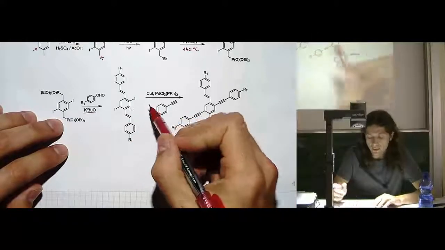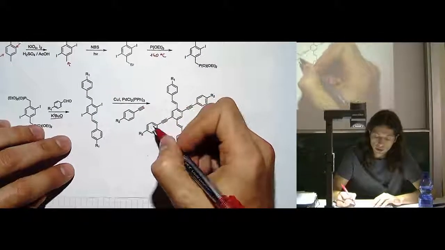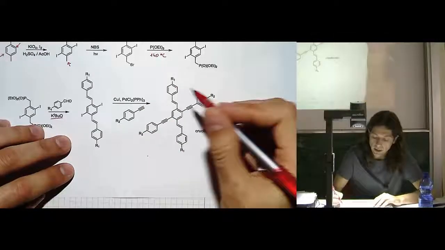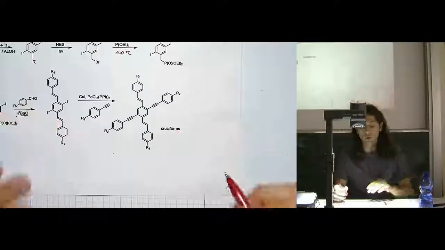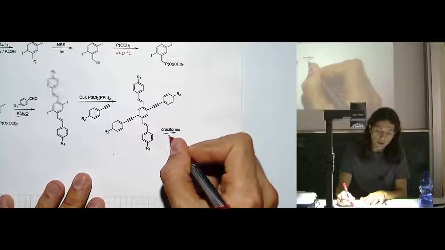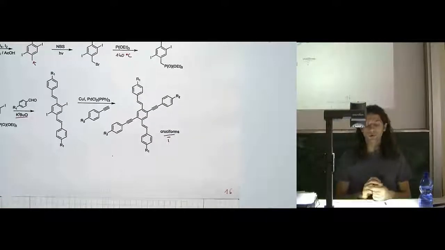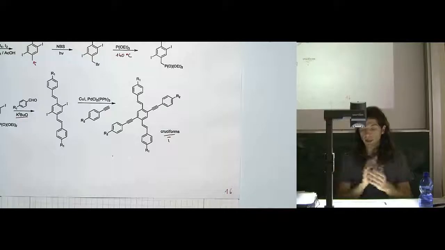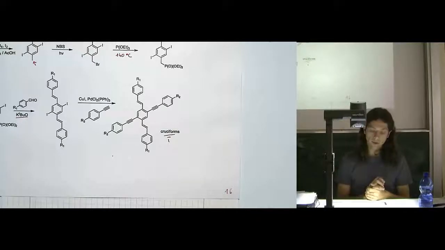So this finally allowed, in the last step, a Sonogashira cross-coupling to get these cruciforms. This is the name that Professor Bunz gave to this derivative a long time ago. They have special properties and have been used in a variety of fields, and they are also very highly fluorescent. Okay.